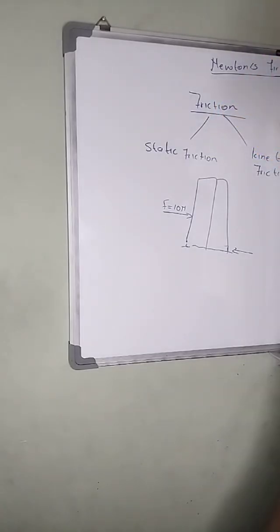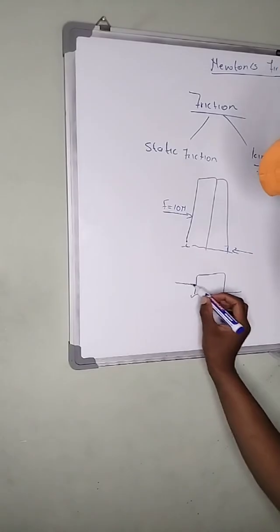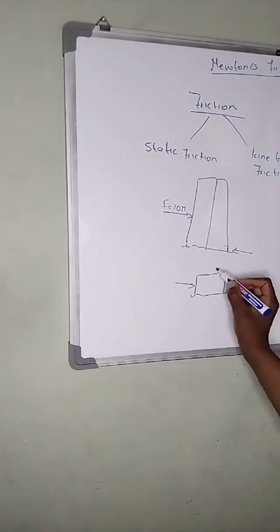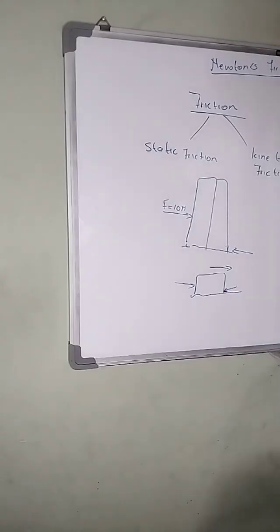Okay. Now, what about whenever you have an object and you're pushing it, and it moves? What kind of friction are you experiencing in this case? Now the object is moving to the right.